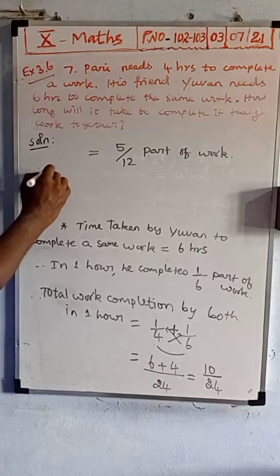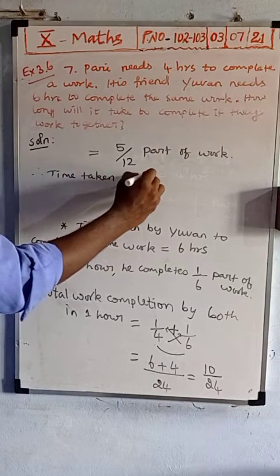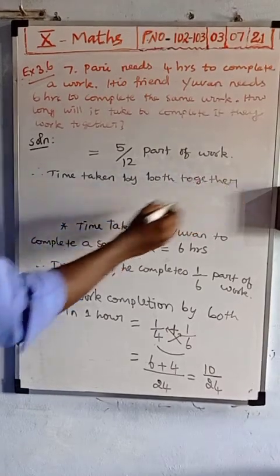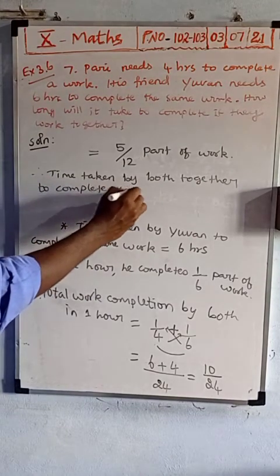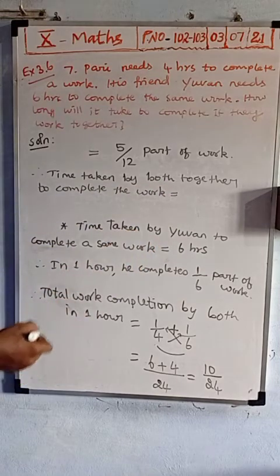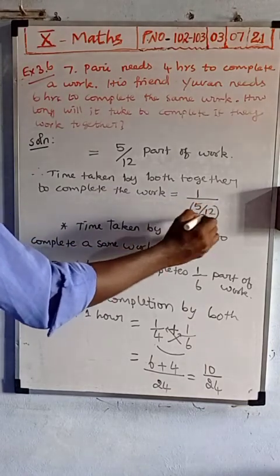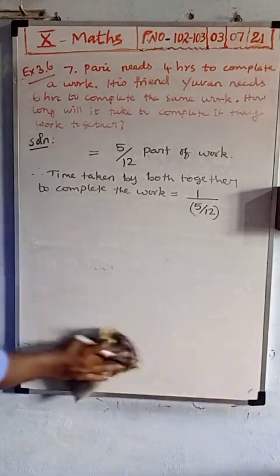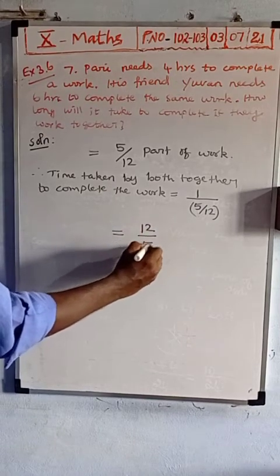That means the time taken by both together to complete the work is equal to 1 divided by 5/12. In fraction form only we want to take it, so 1 divided by 5/12. Now take the reciprocal, which means 12/5.